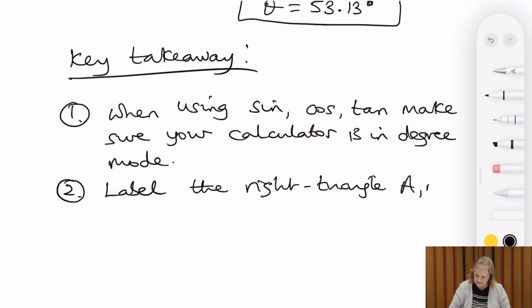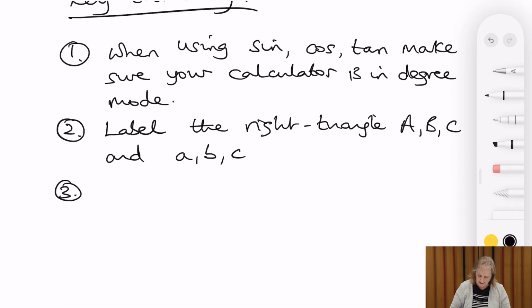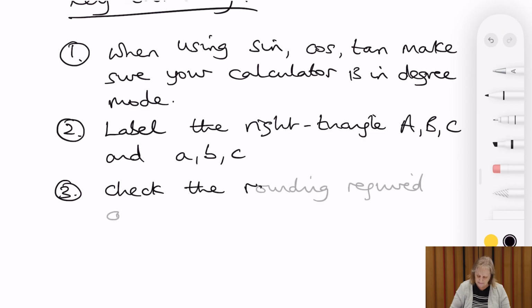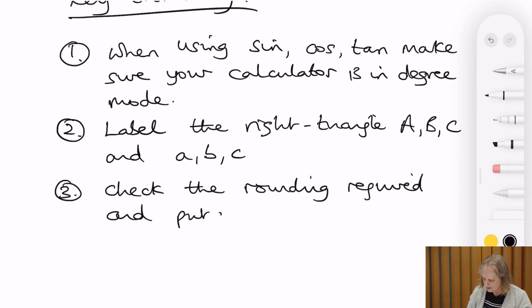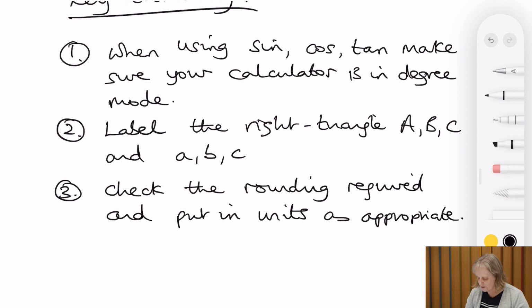The uppercase A, B, and C for the angles, or the vertices where those angles are, and the sides, lowercase a, b, and c. And then just to answer our question, we want to check the rounding required and put in units as appropriate, just to write our answer in context.